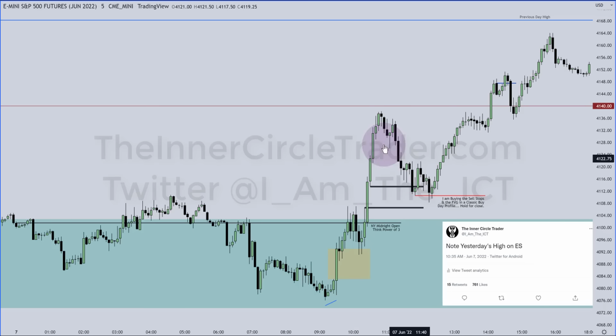Okay, and I gave you that small little rectangle up here, drawing my attention in the video here to go back to what I mentioned moments ago, that's an old imbalance and it may stall here. It may fail here. It may just consolidate and then run for previous day's high, on Wednesday. So I want to take half my trade off, which is basically what you saw me do.